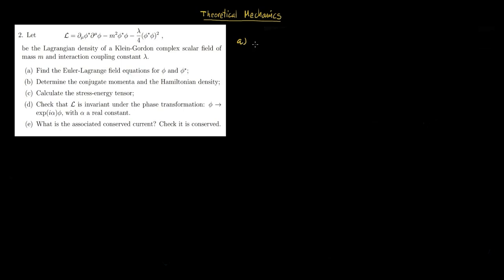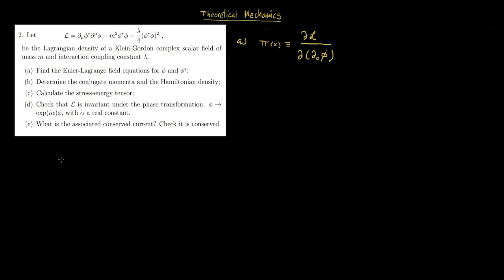Okay, remember the definition of pi, the conjugate momentum of x, is the partial derivative of the Lagrangian density with respect to partial 0 phi. In order to compute this, notice that the dependency on the partial derivative is only in this first term.